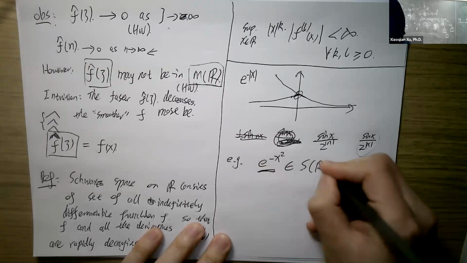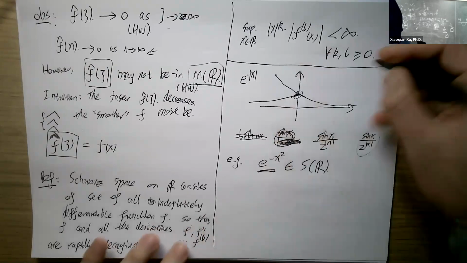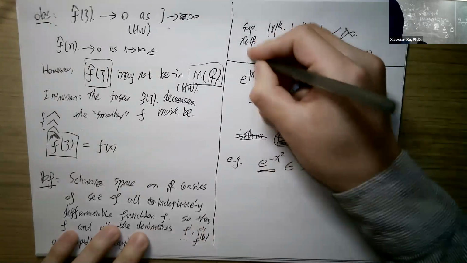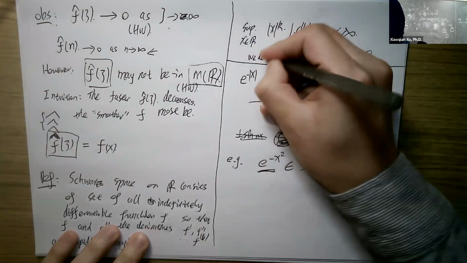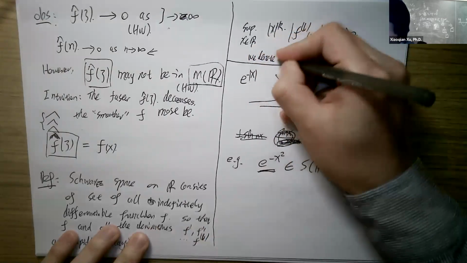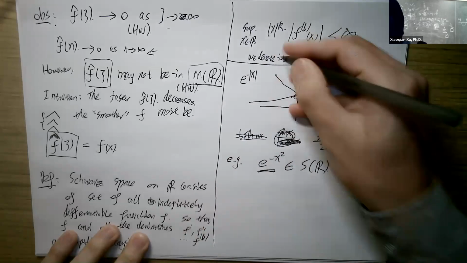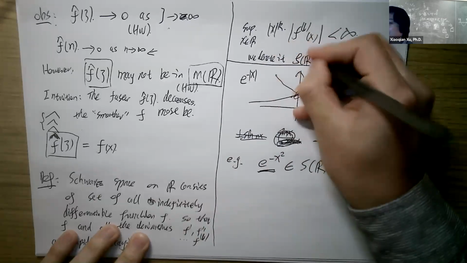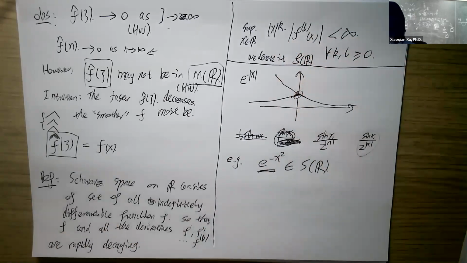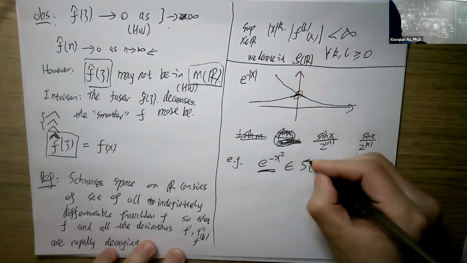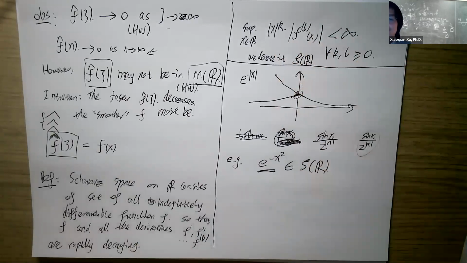It's in S(R), and we denote it as the Schwartz space, S(R). Okay, very fancy S. Maybe I should write it very fancy. The Schwartz space. And this function is in the Schwartz space.